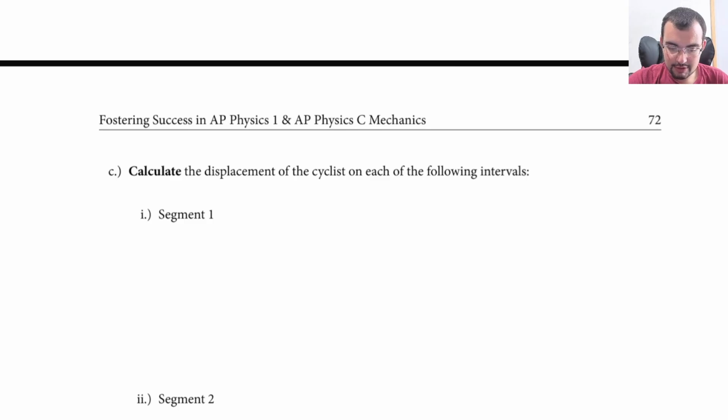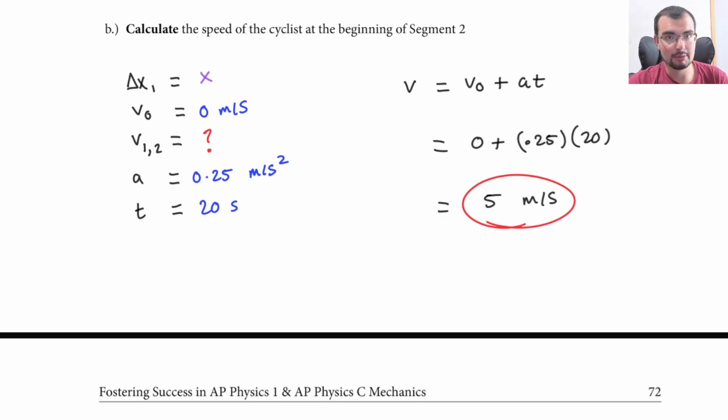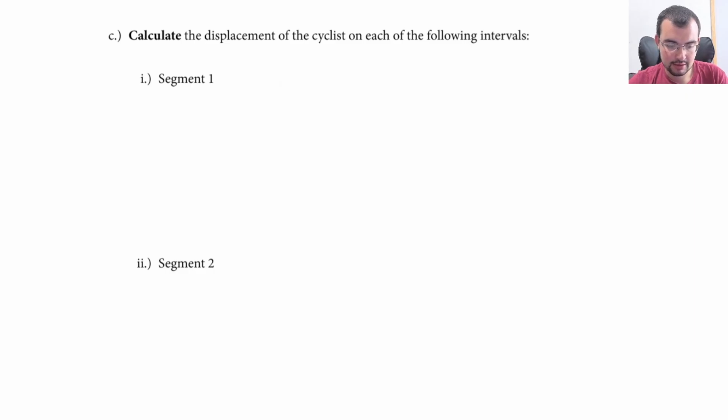So now let's calculate the displacement of the cyclist on each of the intervals. Segment 1. Well, we just figured out everything about segment 1, so we can pick any kinematics equation we'd like with a delta x in it. You could show that any of these work. I'll use this one.